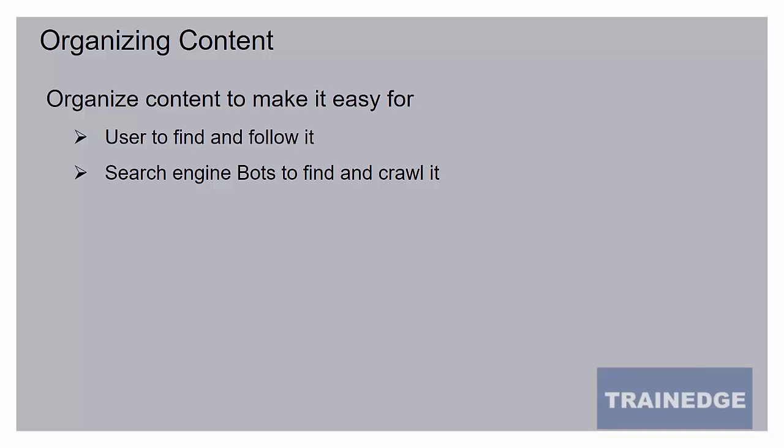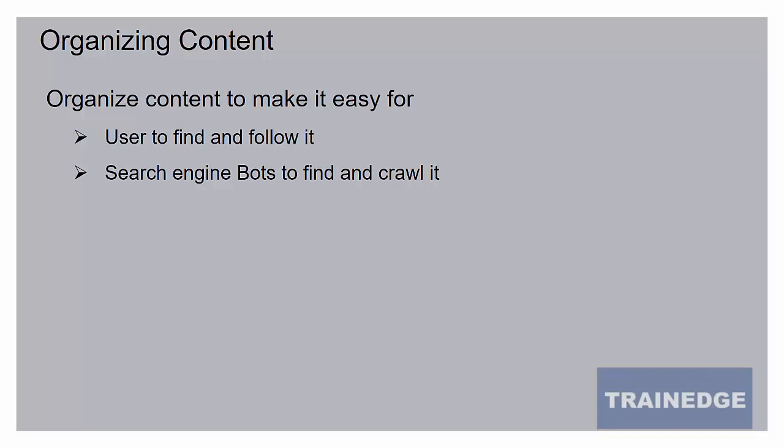So you can either add it to the navigation menu at the top or at the footer. Maybe you put it on your blog page, and within the blog page, you have some sort of navigation that allows people to find this page.